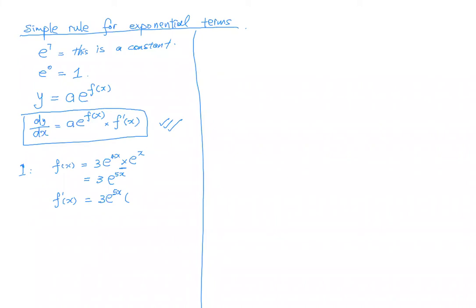Why do you say 15x? Maybe you are not sure. So my f(x) is, I will say my g(x), the power is 5x. So what is g prime x? You tell me, Amanda. 5. Yes, you are right. Then you can simplify it as 15e to the power of 5x. Are you okay?